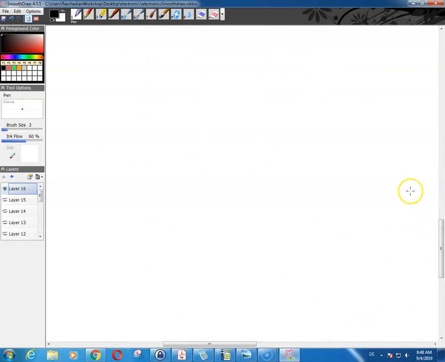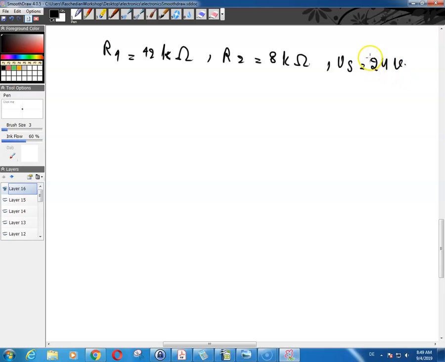Suppose that your R1 is equal to 12 kilo ohm, your R2 is equal to 8 kilo ohm, and your V of S is equal to 24 volts. Now what you want to find here is V1 and V2.